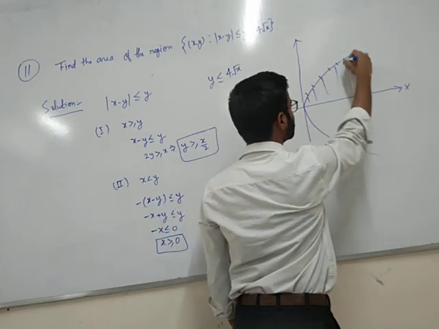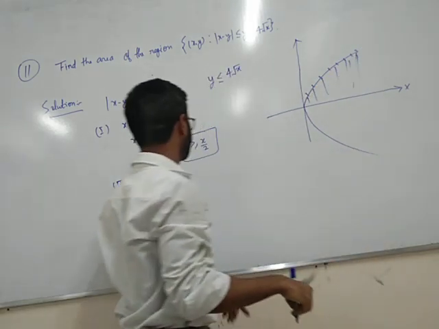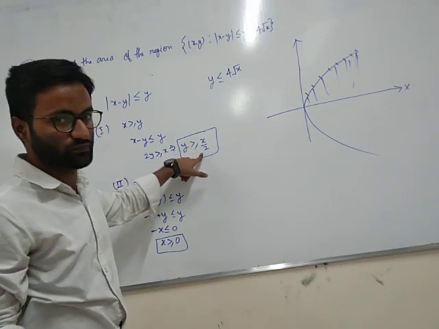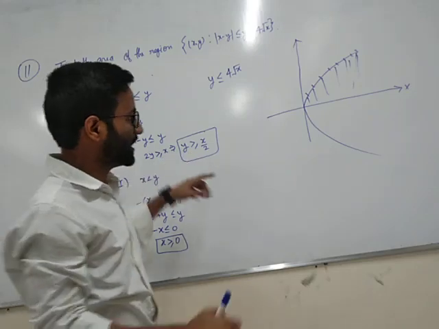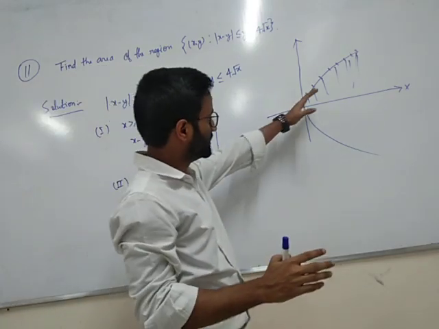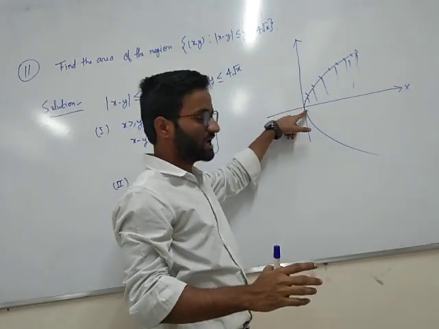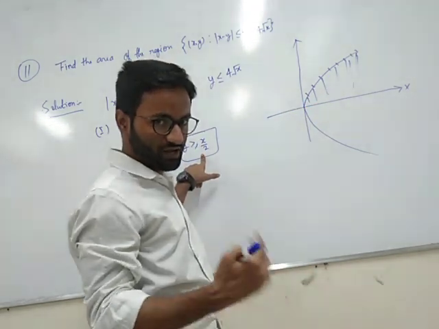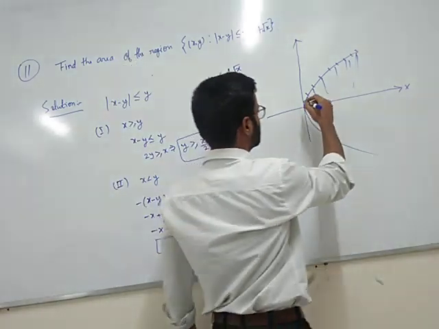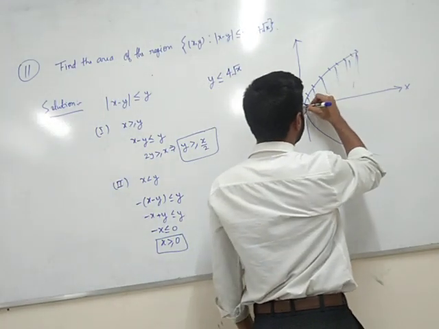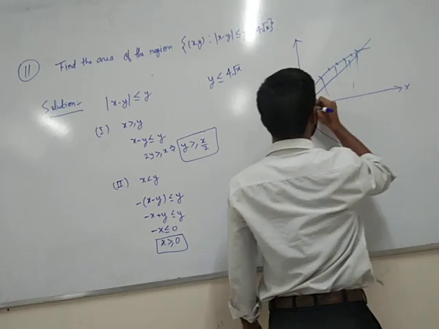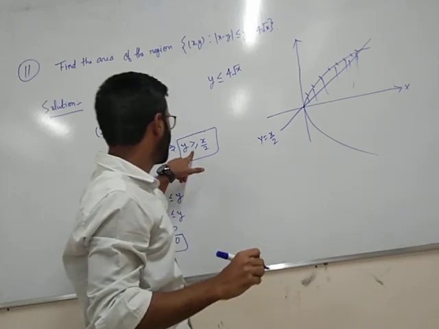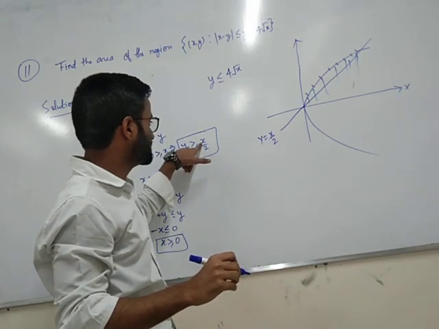So this is the part that we have to take, and this equation is saying y is greater than or equal to x by 2. So you know that y is equal to x means a straight line passing through the origin and making 45 degrees, but this is less than 1, I mean less than 45. So this is going to be a rough figure, like this, and suppose this is y is equal to x by 2, and y is greater than or equal to x by 2.